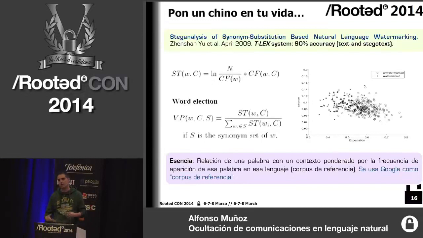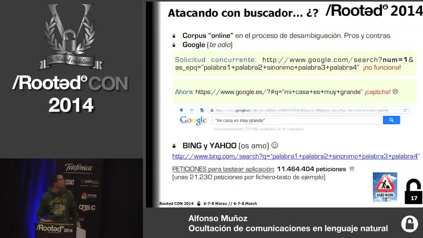If many humans have written those websites, I get those results, and that tells me how human the text is. By doing that, that tool helped them detect or recognize more than 90% of the cases.